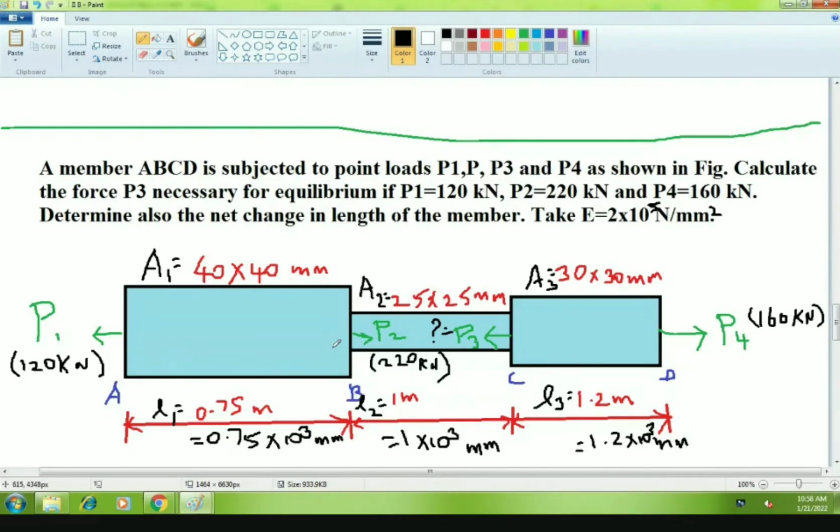Suppose you are pulling one side and your friend pulls on the opposite side with the same force; the middle person may sit in the same position. So left hand side force equals right hand side force, and upward force equals downward force. Here we would like to use the equilibrium concept.